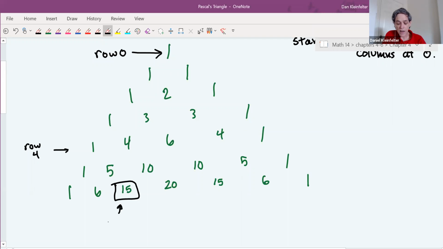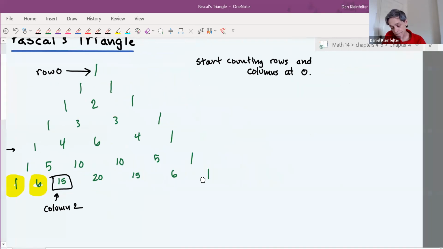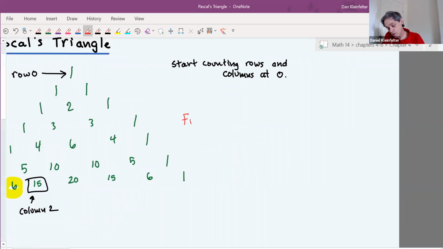So this is in column 2. Why? Because this one is in column 0, 6 is in column 1, and then the 15 will be in column 2. Okay, so each row and each column begins with a 0.